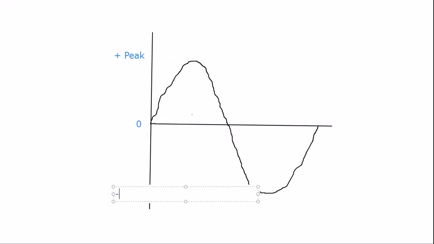So the peak doesn't have a specific number. It depends on the value of the voltage.